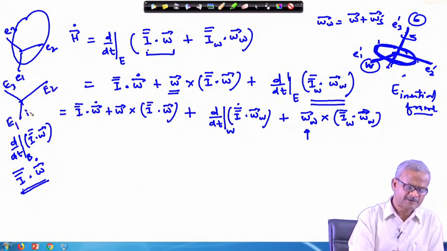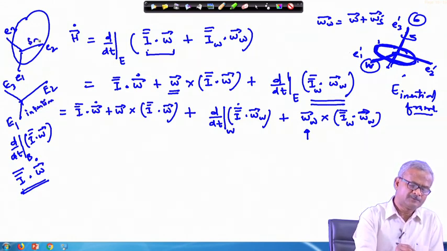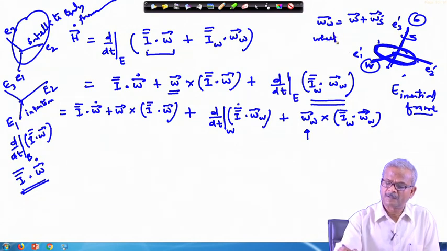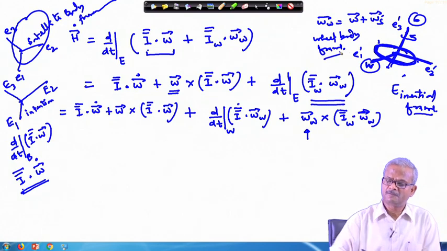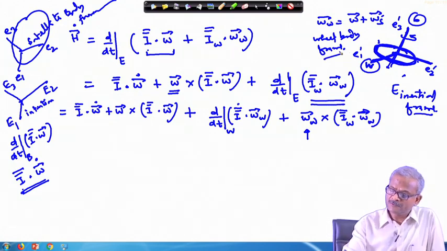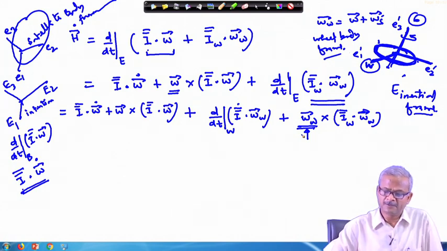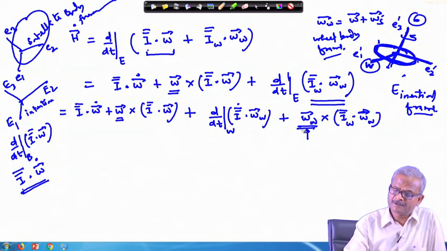This is your inertial frame, this is the satellite body frame, and this is the wheel body frame. Because of this your omega W is appearing here, this is very important to note. This omega will not appear here. If you do this, then this will be a blunder.